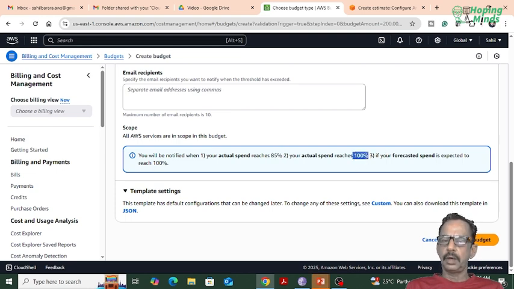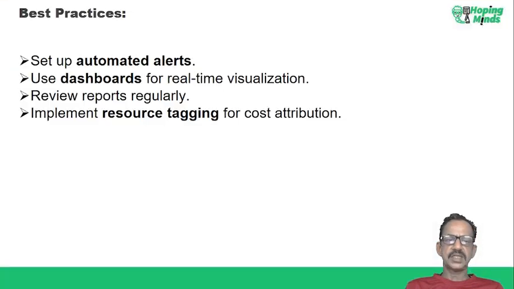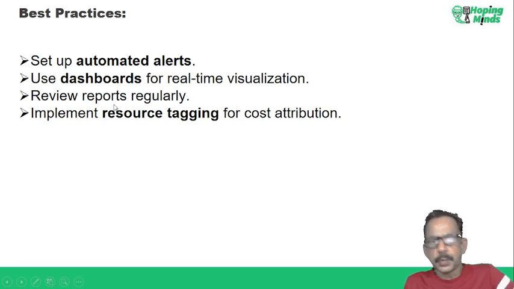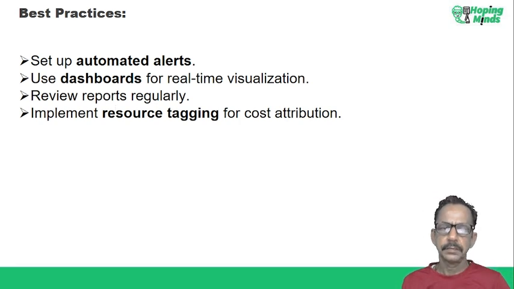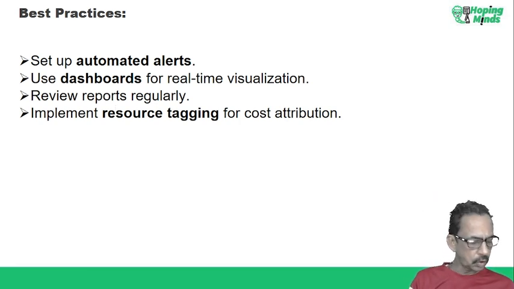Now be careful using your resources. Control the cost. So we can set the alert here. Review reports regularly. Implement resource tagging. Tag means every time we create a resource, properly tag it. That will help you in cost allocation.